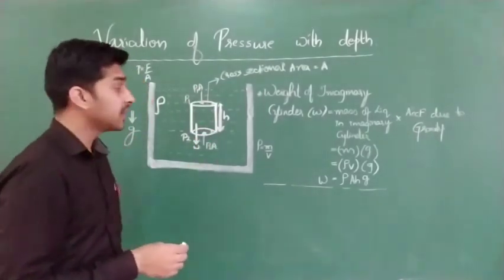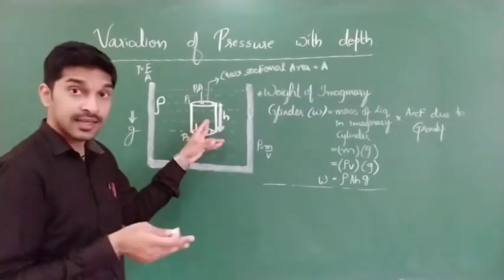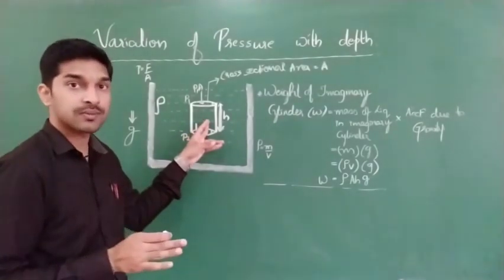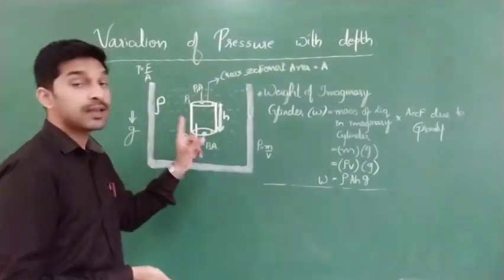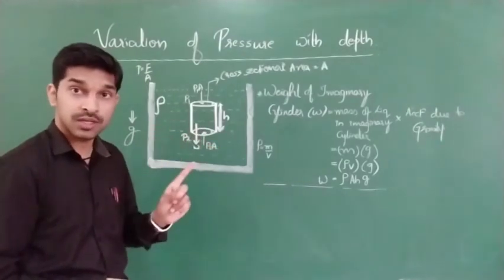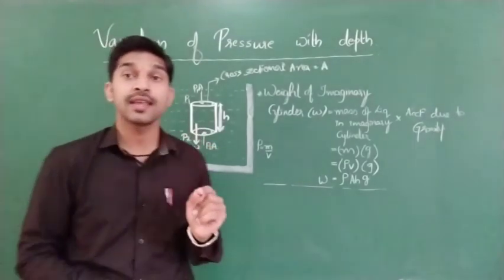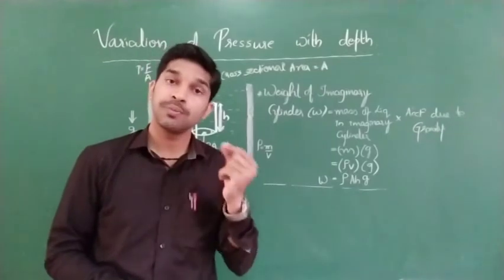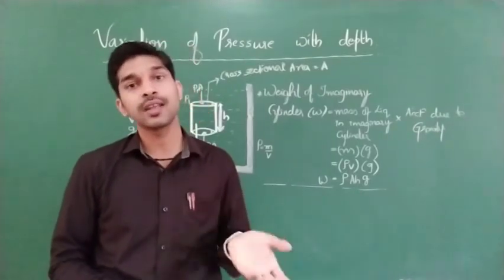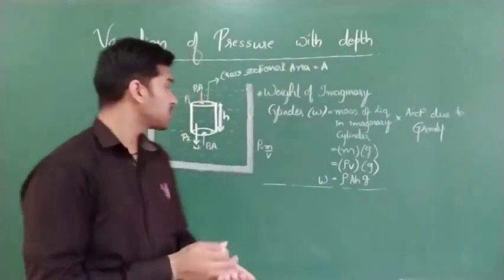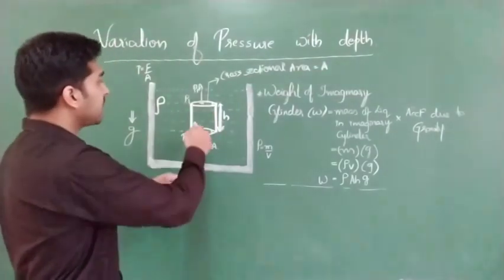So as I said, as the cylinder is in equilibrium, the forces acting in the downward direction should be equal to the forces acting in the upward direction. First of all, let us write the forces acting in the downward direction.